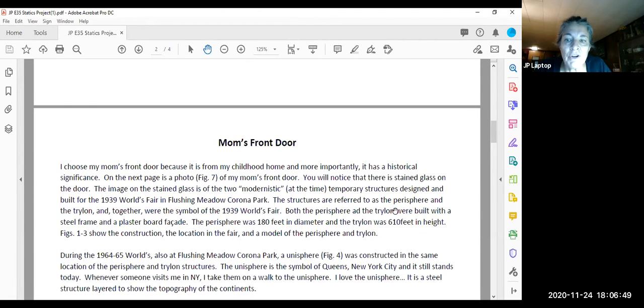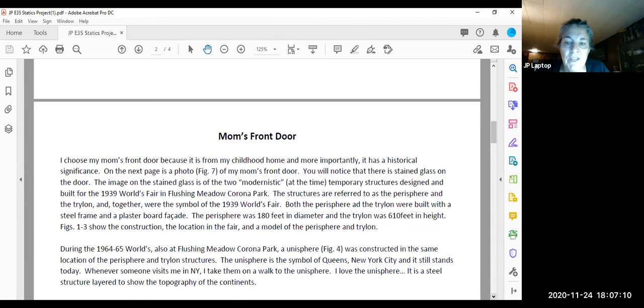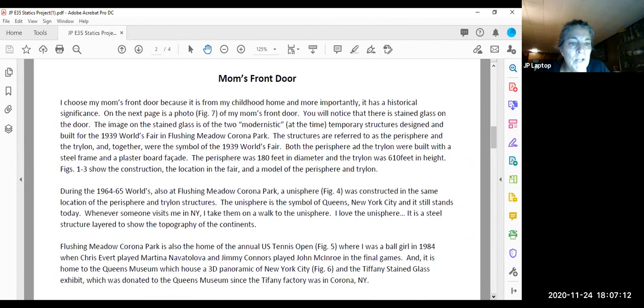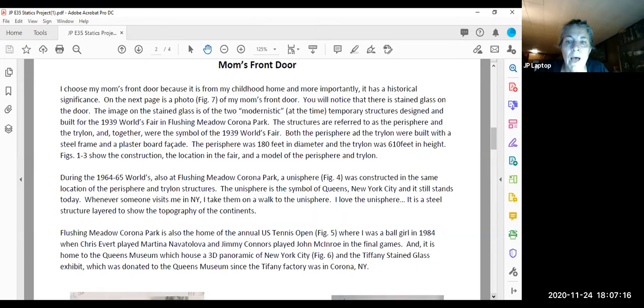The structures are referred to as the Perisphere and the Trilon, and together they were the symbols for the 1939 World's Fair. Both the Perisphere and the Trilon were built with a steel frame and plasterboard facade. The Perisphere was 180 feet in diameter and the Trilon was 610 feet in height. Figures 1, 2, 3 show the construction, the location in the fair, and a model of it.